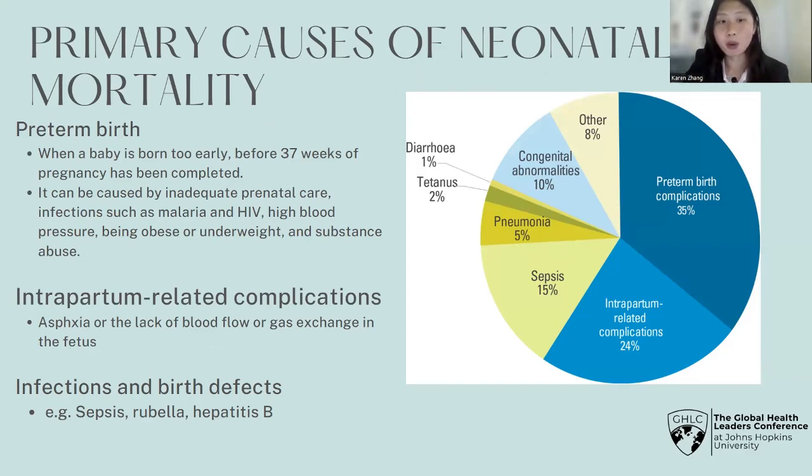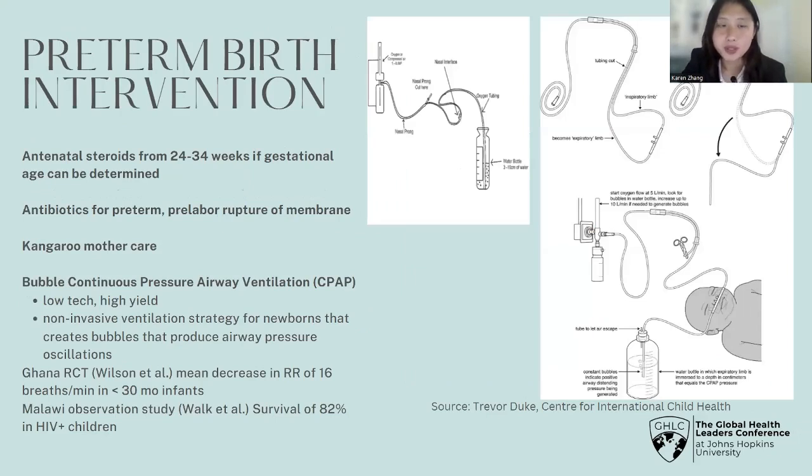Another issue is intrapartum related complications, specifically asphyxia, or the lack of blood flow or gas exchange in the fetus. Also, infections and birth defects such as sepsis, rubella, hepatitis B are also of concern. And as you can see in this pie chart, preterm births comprise 35% of these neonatal deaths.